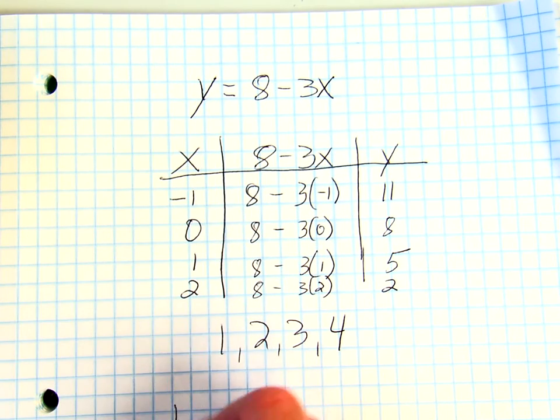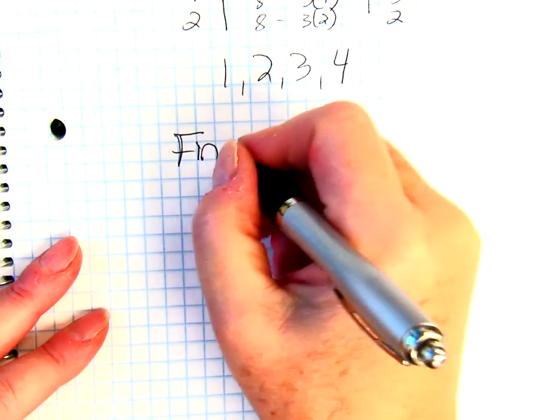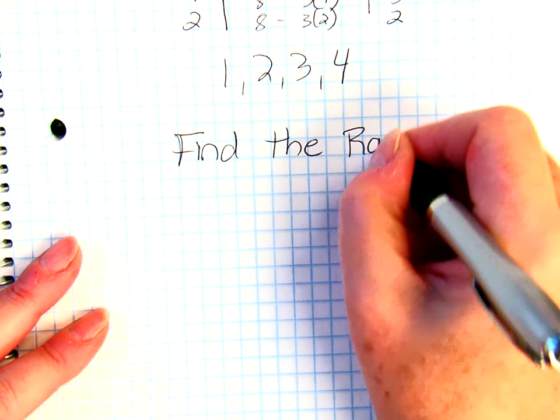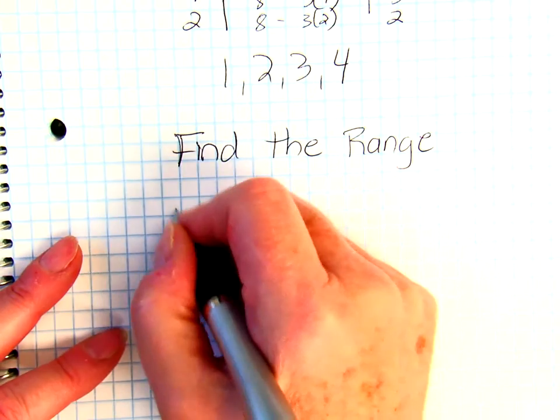So just pretty much follow whatever the book wants to use. When they ask you to find the range, and let me move this. The bell's going to be ringing soon, so I'm rushing. Find the range.